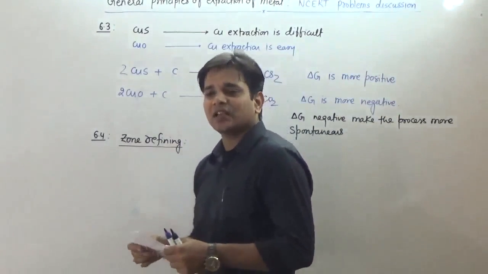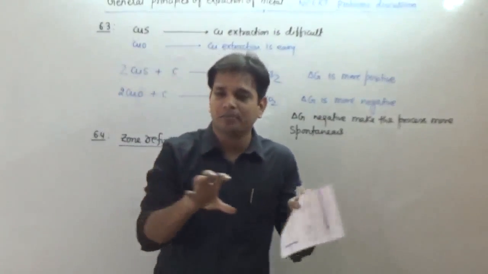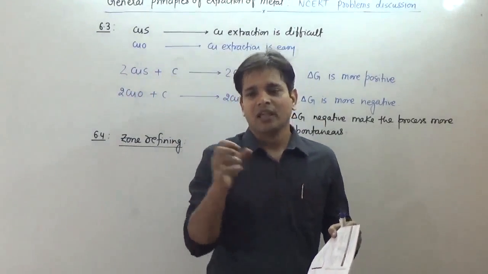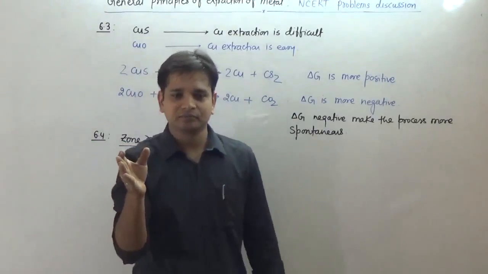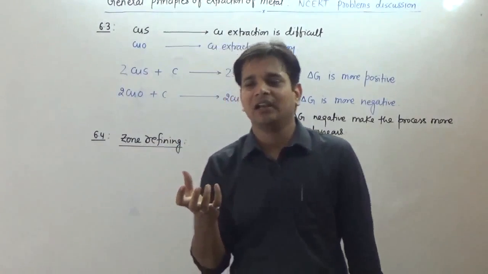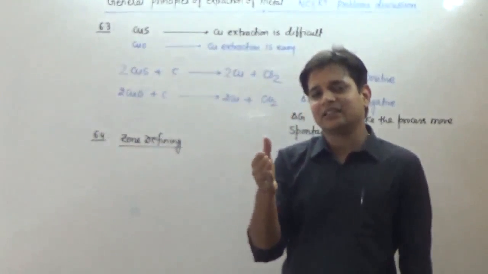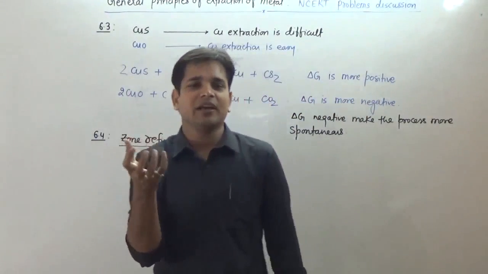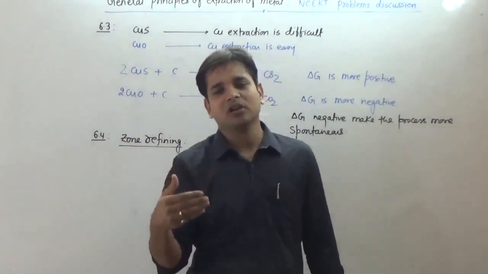In this process, we apply a heater on the impure metallic rod, and the heater should be movable. As we slowly move the heater, it will melt the portion of the impure metal in which impurities get dissolved. As it passes by, it will dissolve the impurities present at that portion of the rod.